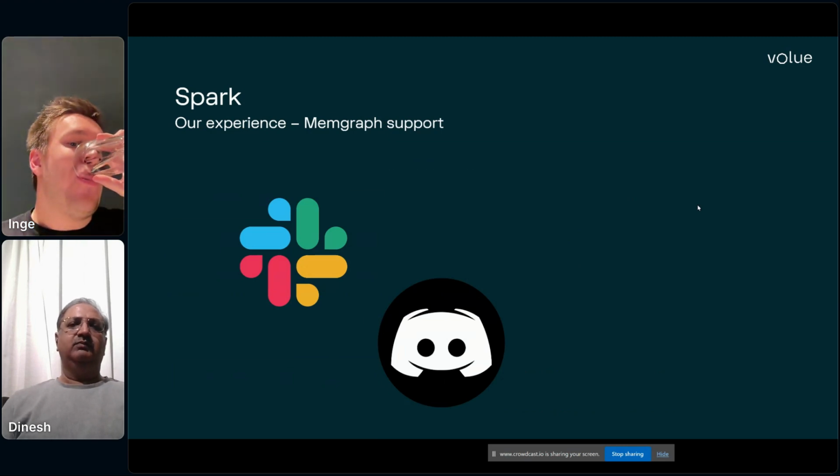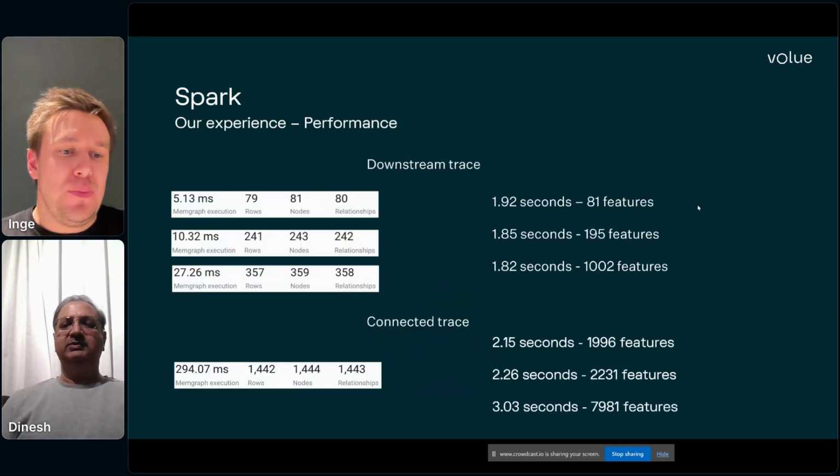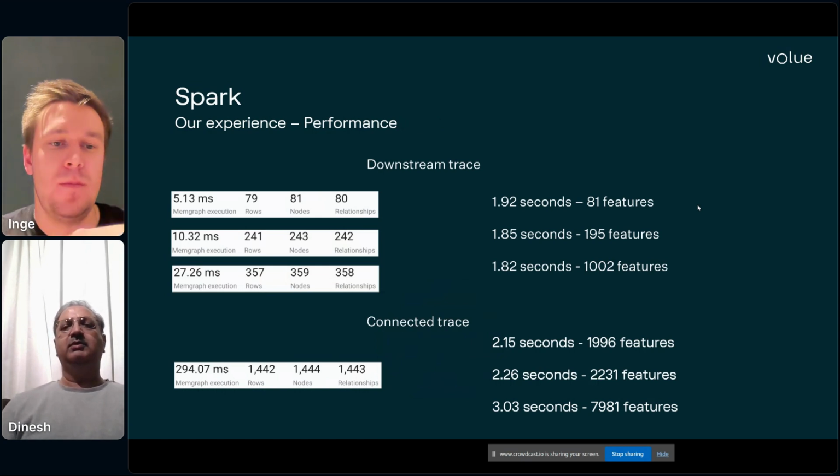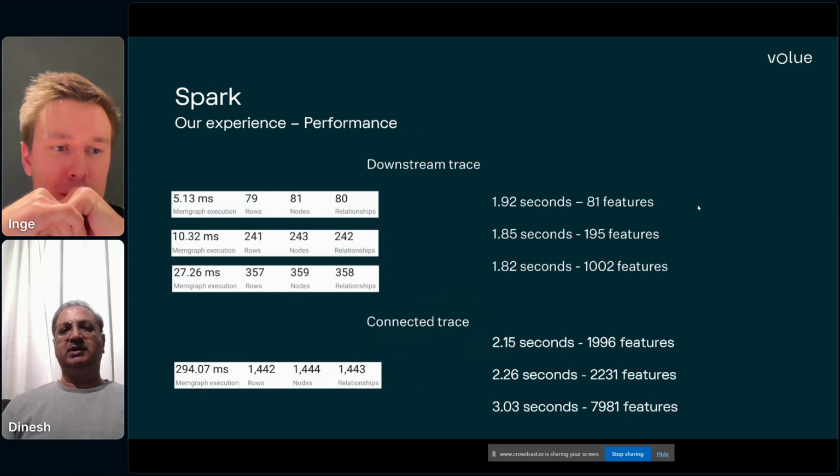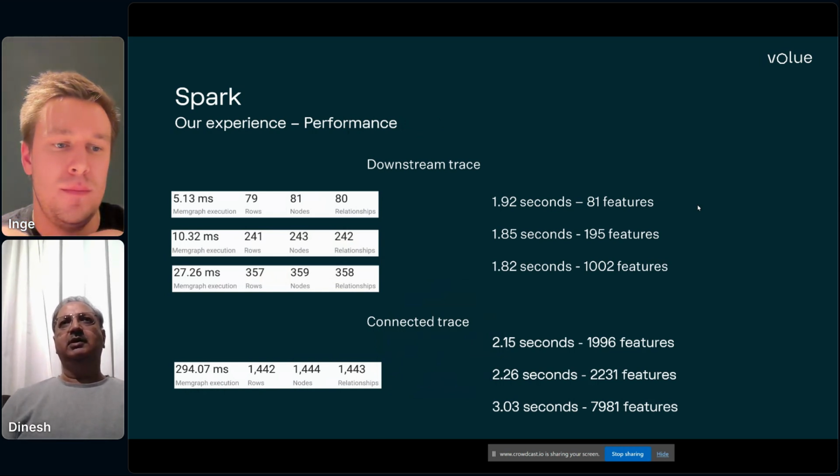Yeah, but I just want to add some more things over here. Although we are talking about the downstream trace and the connected trace, to be able to get to the point where we start the trace, it takes a lot of time in the traditional NIST systems.